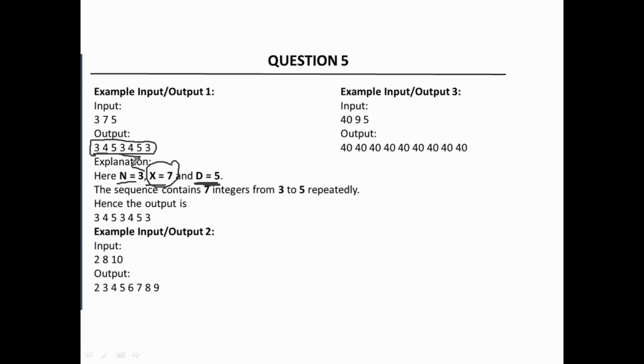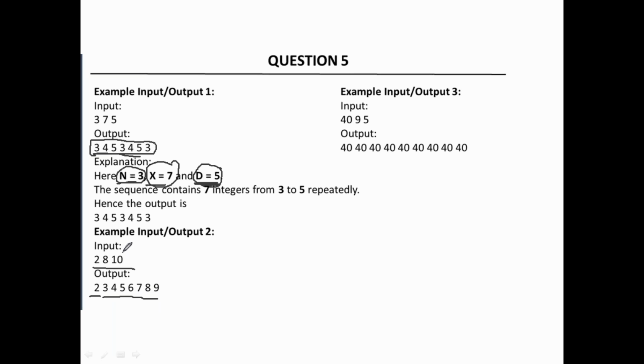So we should start from the n variable value, that is 3 here. Next we should take the d variable value 5 more. Observe the input specification more. The second one, 2 8 2. So n is 2, which means the starting value is 2. How many values should we print? Totally 8. Check it, everyone: 2 3 4 5 6 7 8 9.